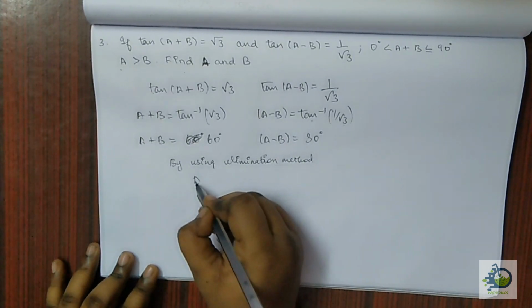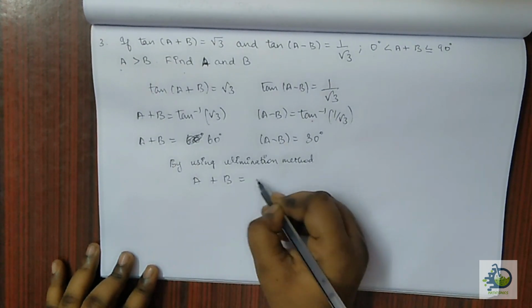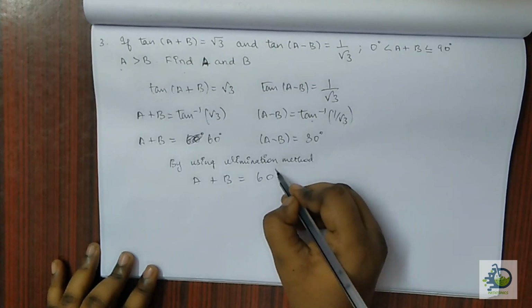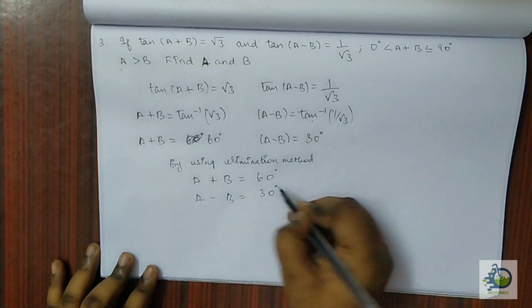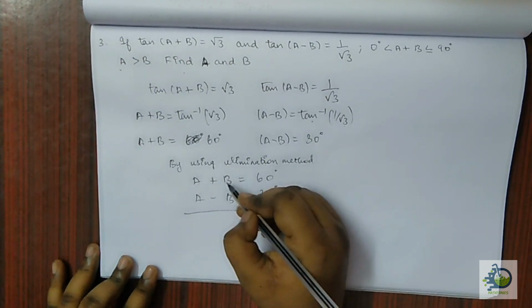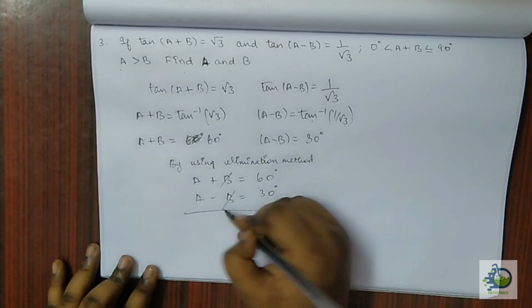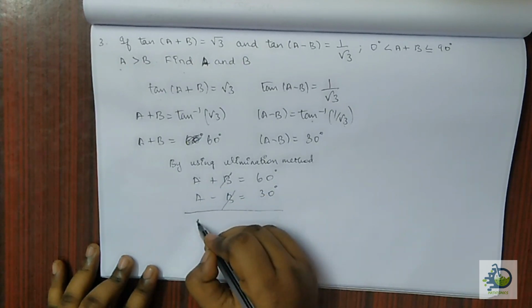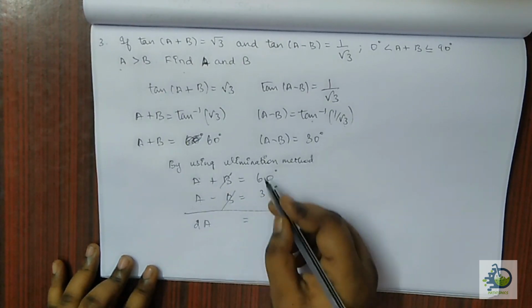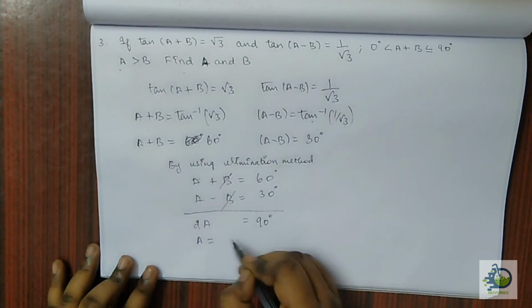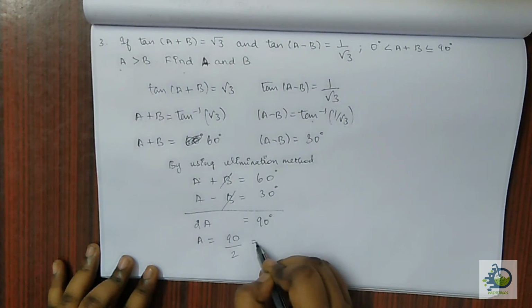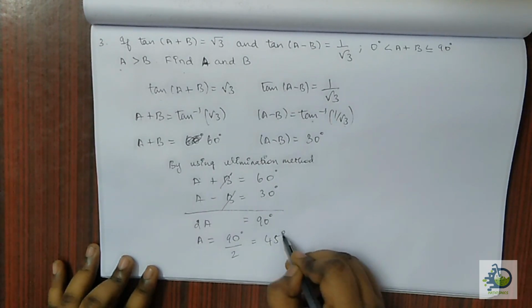Okay, so we can write A plus B is equal to 60 degrees and A minus B is equal to 30 degrees. Now we can cancel this plus B and minus B. So A plus A is 2A, which is equal to 60 plus 30 is 90 degree. So A will be equal to 90 by 2, which is equal to 45 degrees.